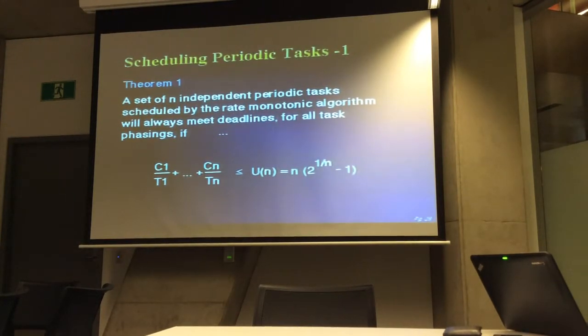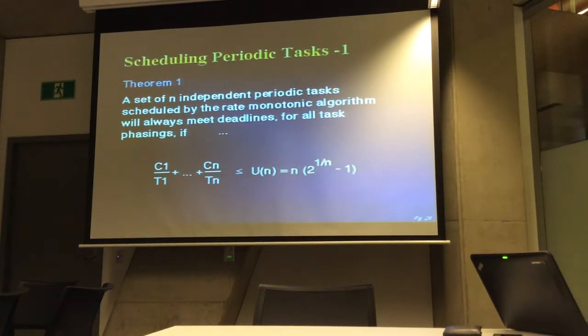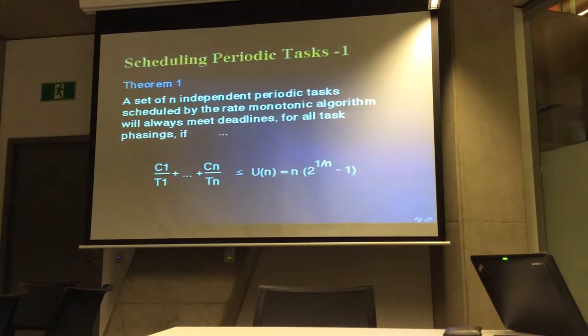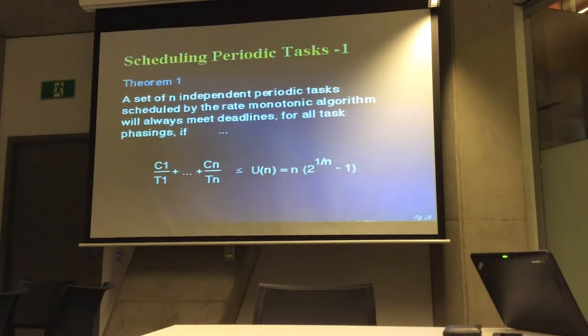A set of n independent periodic tasks scheduled by the rate monotonic algorithm will always meet its deadlines for all task phasings, that is, no matter what combination they come due in or when they start relative to each other, if the sum of the individual task utilizations, that is, the total utilization, is less than or equal to this expression: n times the quantity 2 to the 1 over n minus 1.